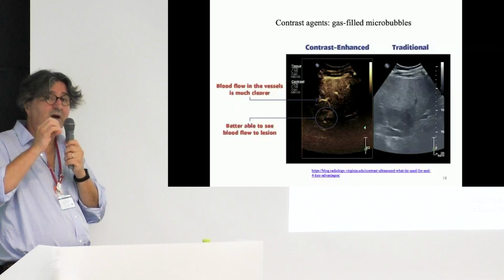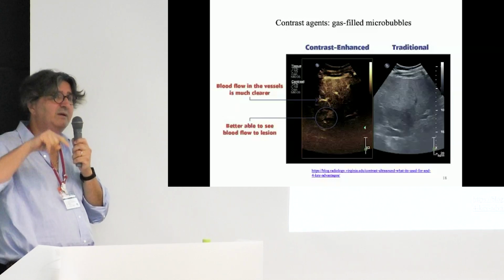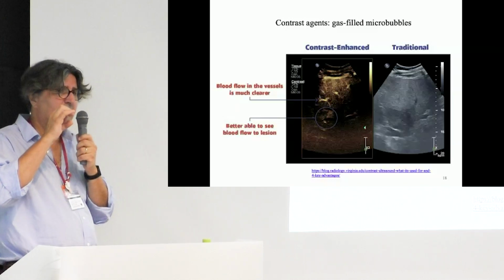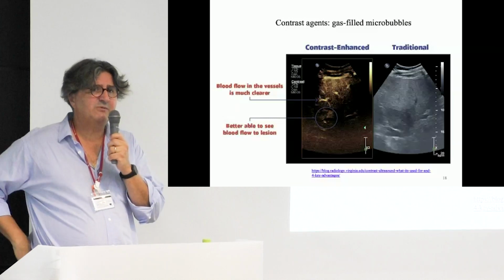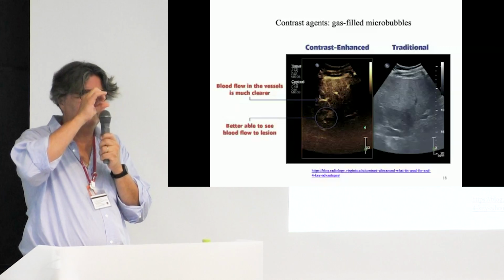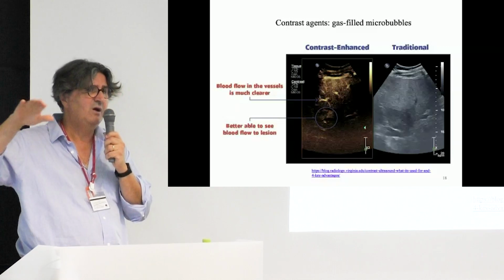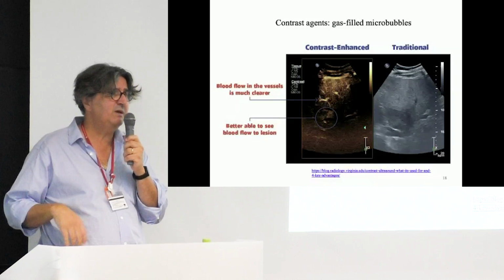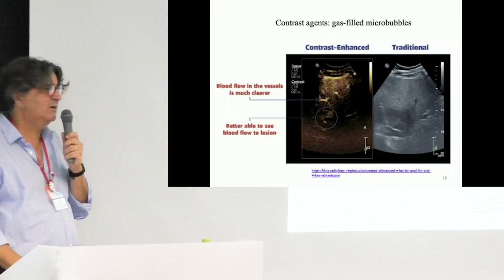This is typically air that is embedded in a small capsule. It could be a lipid protective shell that dissolves with time, or it could be albumin that also dissolves with time.